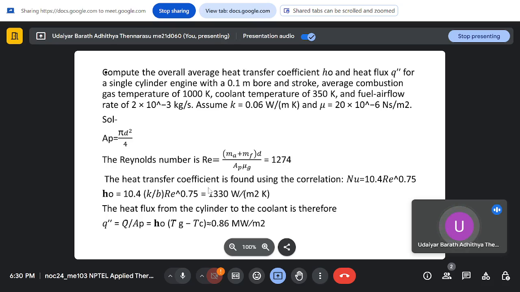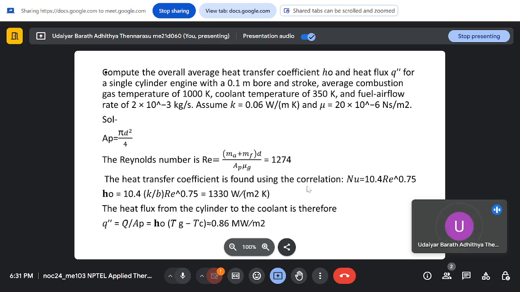Now the heat transfer coefficient is found using the correlation: Nusselt number equals 10.4 into Reynolds number raised to the power 0.75. This will be given in the question. Using this we substitute the Reynolds number, and Nusselt number is nothing but h d by k.